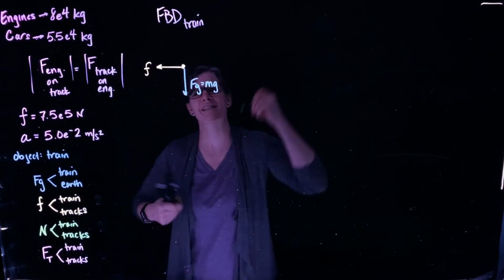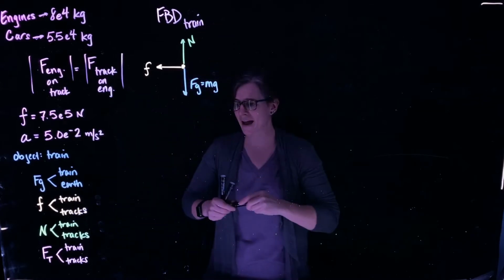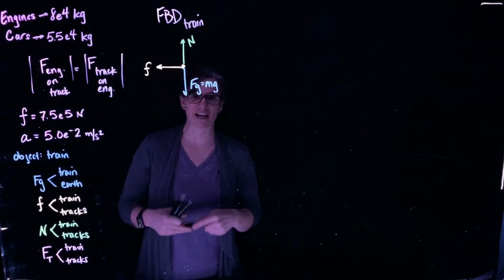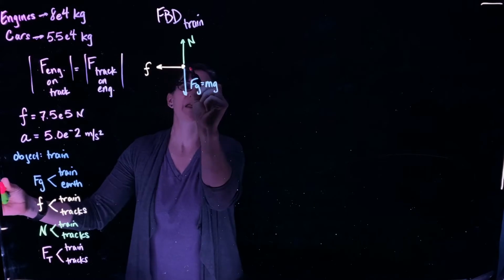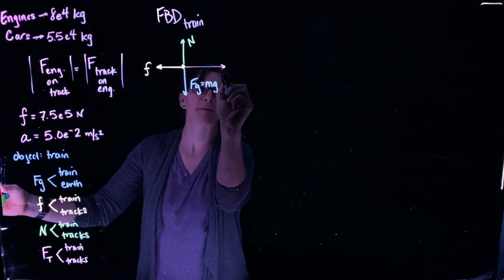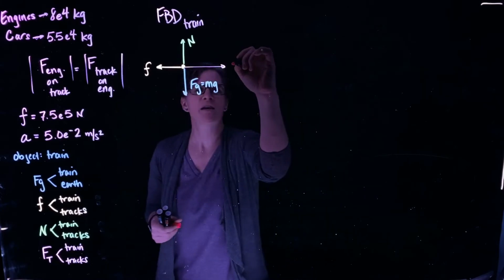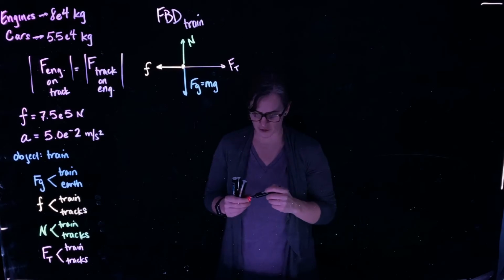The normal force, that's the force just because the train is sitting there on the tracks. And then we have the force of the tracks on the engine. Well, if it's accelerating in the rightward direction, that force is causing some of that acceleration. It's being hindered, of course, by the frictional force. So this is going to be the force by the tracks, in the rightward direction.